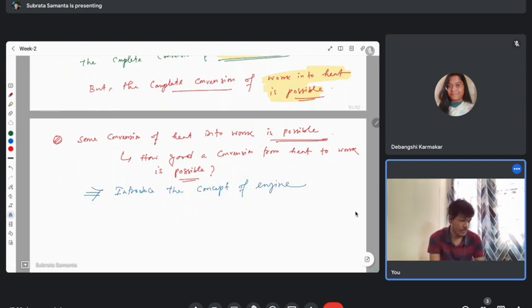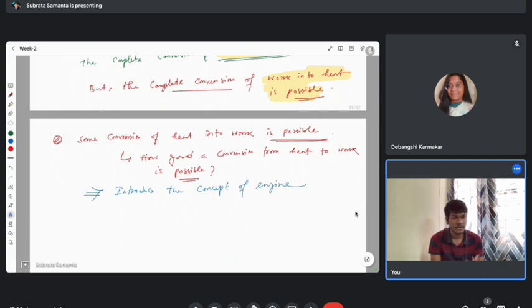Okay. So we define an engine as a system operating in a cyclic process that converts heat into work. Why do we need a cyclic process? Because an engine operates repeatedly, again and again, to produce a steady power. It's not an engine that operates only once.